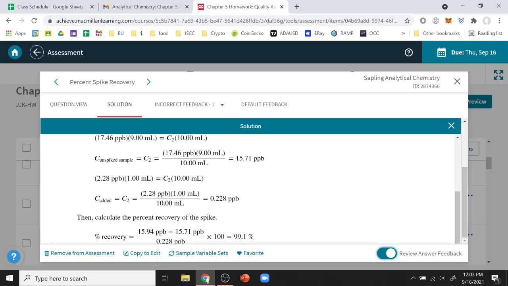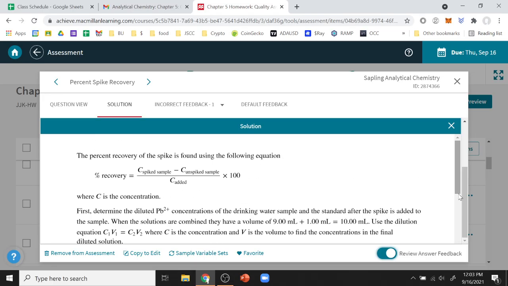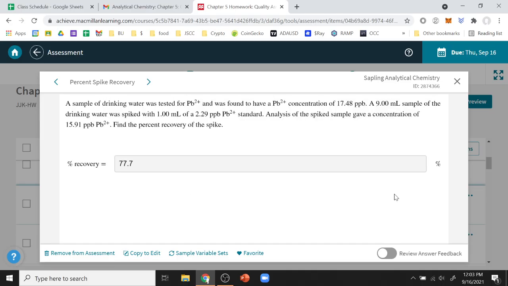So you multiply these, divide that over, and that gives you your number, the concentration of what you added. And then finally, it had the concentration of what it was actually tested for. Okay, anyways, this is the concentration of what that spiked sample is.